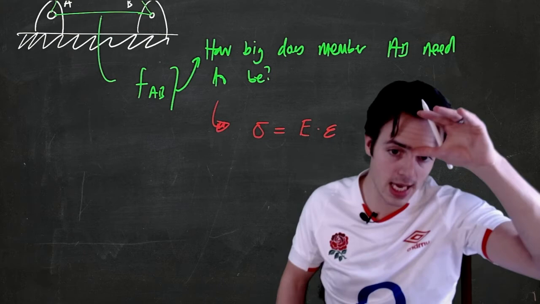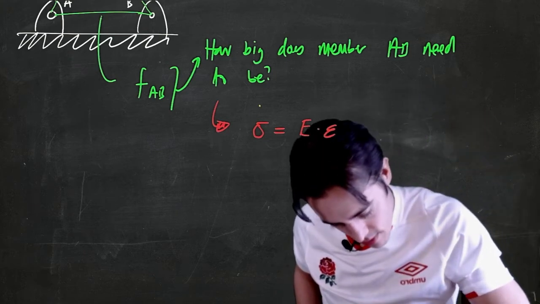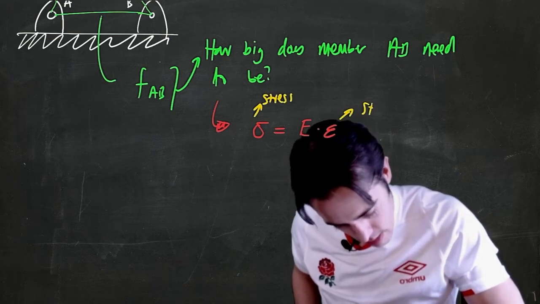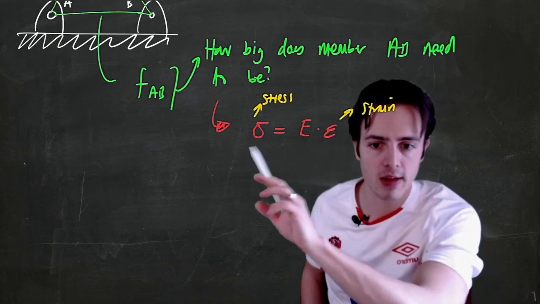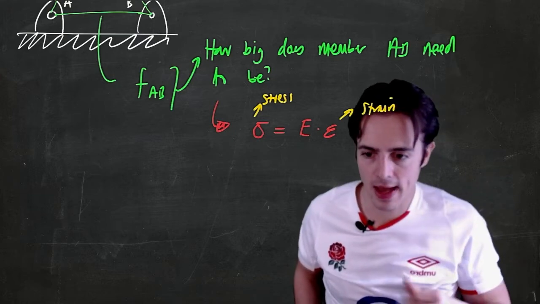Okay, sigma is equal to E epsilon. I used to confuse these Greek characters when I was an undergrad, so I'm just reminding you of those. E is Young's modulus.